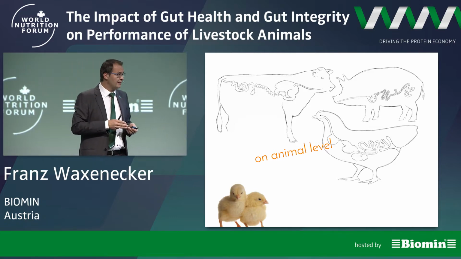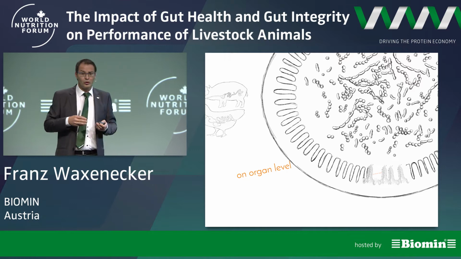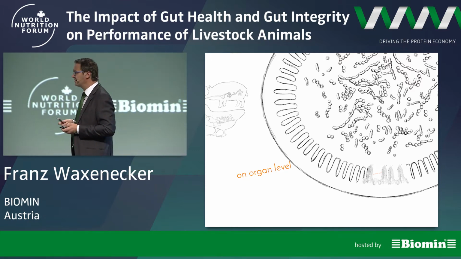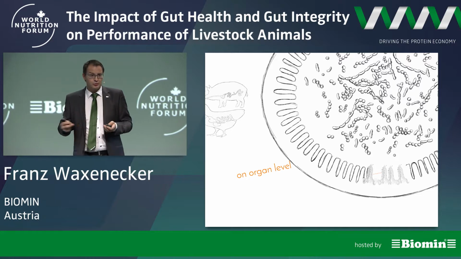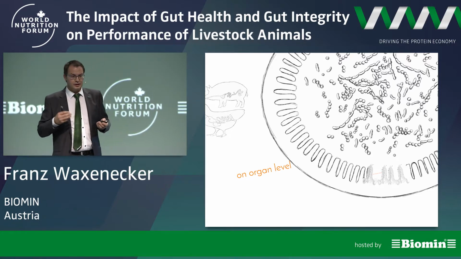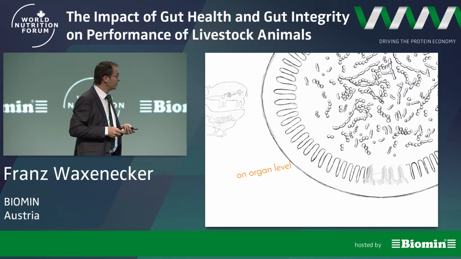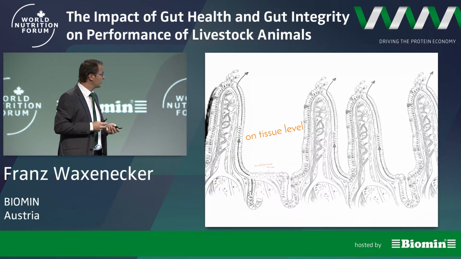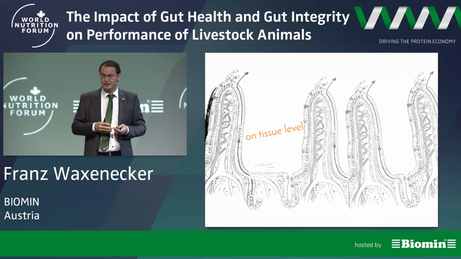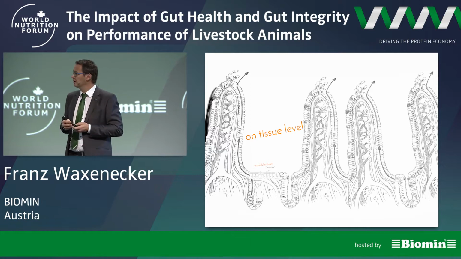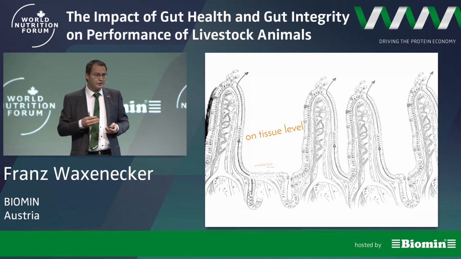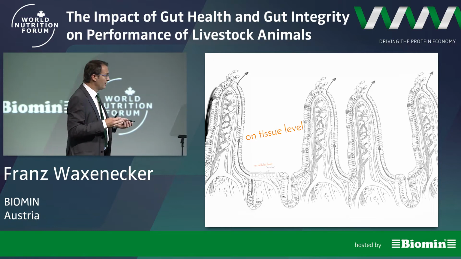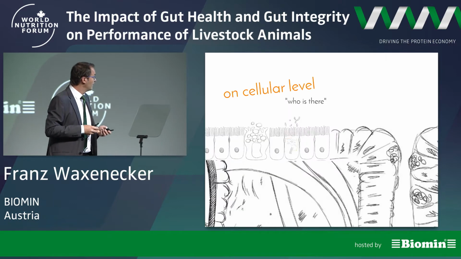Soon the science went one step deeper on organ level, to better understand the efficacy of an organ, especially expressed related to animal nutrition in digestibility of nutrients. Later, technology allowed us to dig deeper on tissue level and to understand better how tissue is reacting and interacting with the gut microbiota.